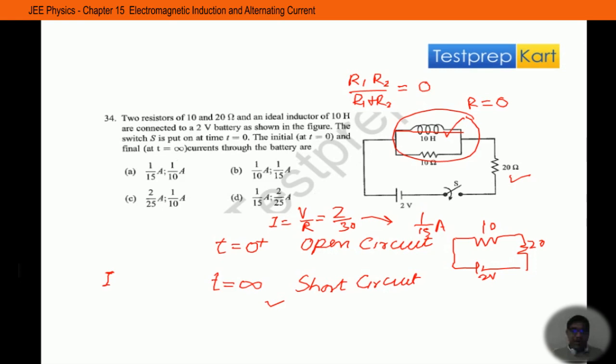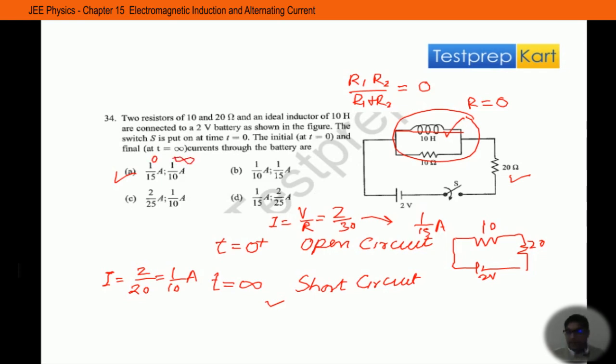So current I is equal to 2 upon 20. So net current is 1 upon 10. So the correct answer is 1 upon 15 for t equals 0 and 1 upon 10 for t equals infinite.